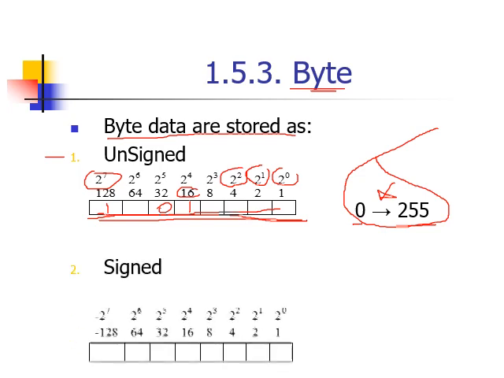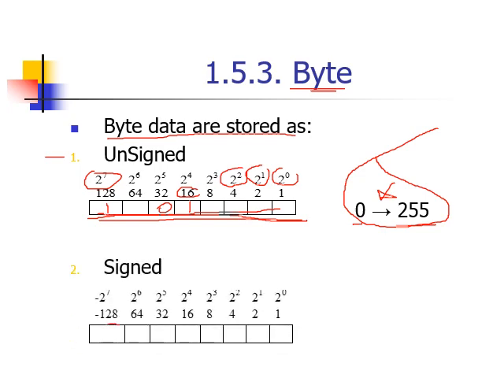If you care about the sign, the most significant bit is used for the sign: 1 if your number is negative, 0 if it's positive. And here are the weights. So the least number you can store is when you place a 1 here and zeros here, you will get minus 128 as the lowest number you can store, which is negative.